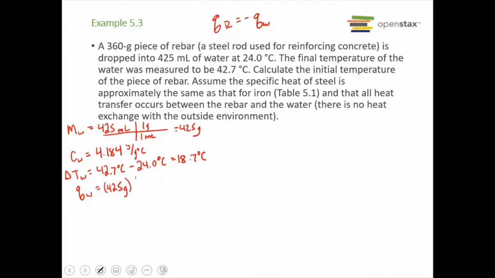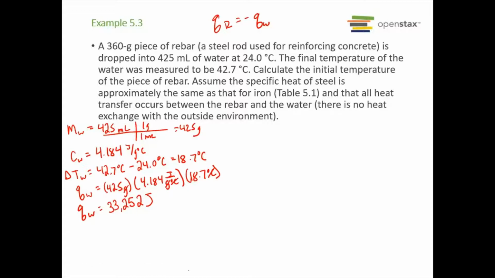MC delta T. Notice this is basically the first half of the numerator from what we did the first way we solved this. And we get that the heat the water absorbed is 33,252 joules. And it's normal for it to be a big value like that, because joules are very, very small.